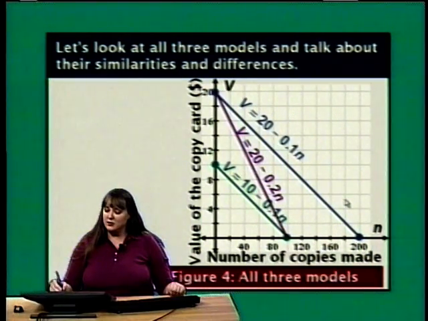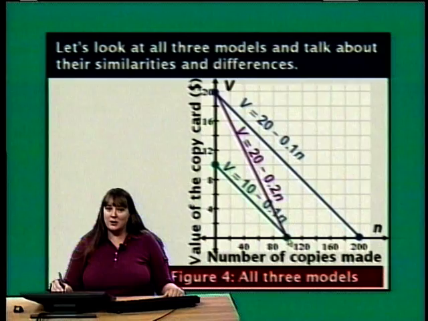Another thing that I see looking at our first and third models, v equals 10 minus 0.1n and v equals 20 minus 0.2n, is that they have the same horizontal intercept, 100, 0, which actually makes sense if we think about our models. With the color copy card, we started out with a value of $20. In our first model, we started out with a copy card value of $10.